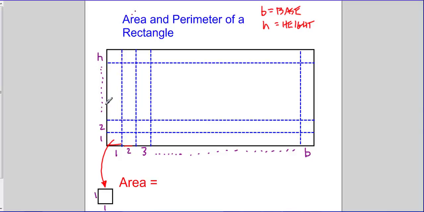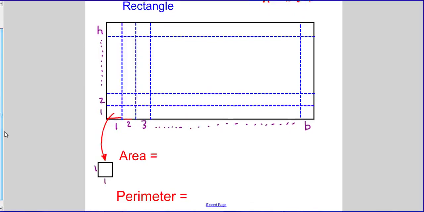I go 1, 2, 3, 4, up to h units. So my area is going to be b times h. Each square here is 1 by 1, so there's going to be a total of b times h squares. And that's going to be square units.